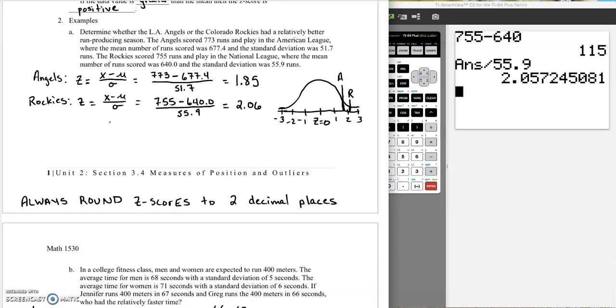So who scored relatively better? The Rockies had a relatively, because we can really only compare them to their group, relatively better run-producing season than the Angels.